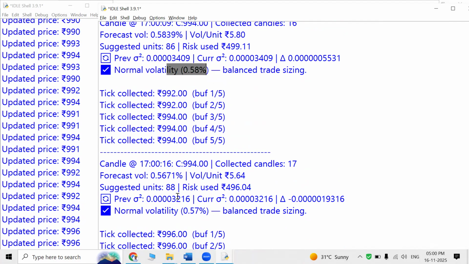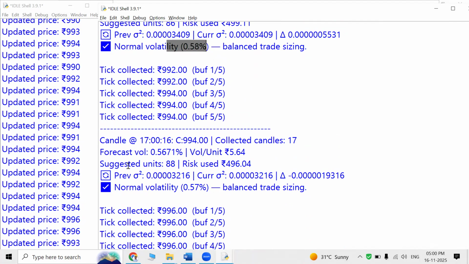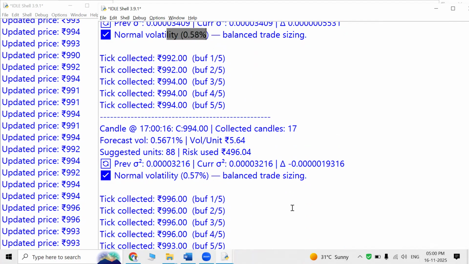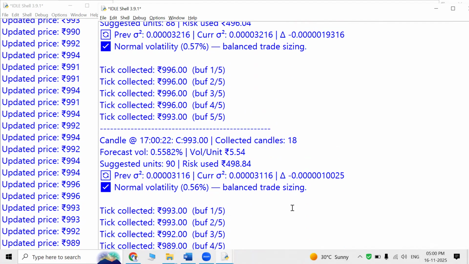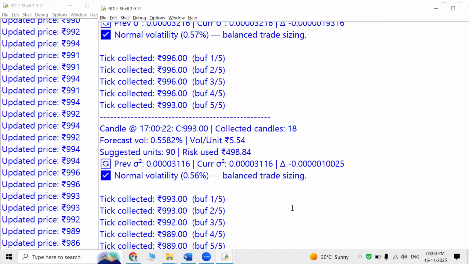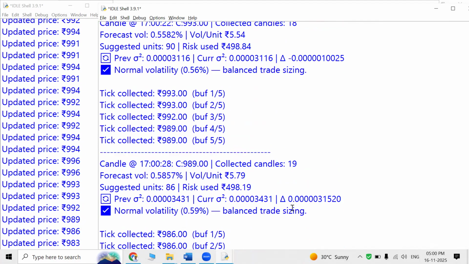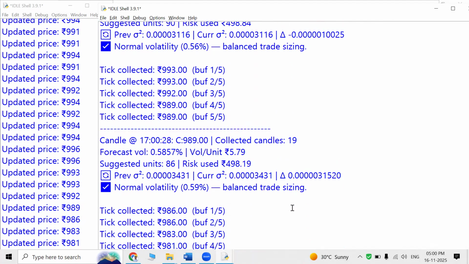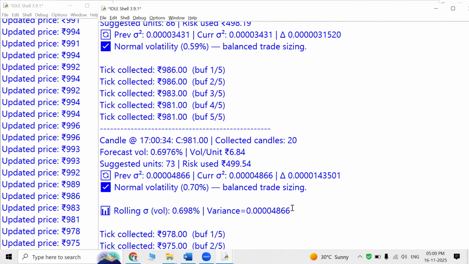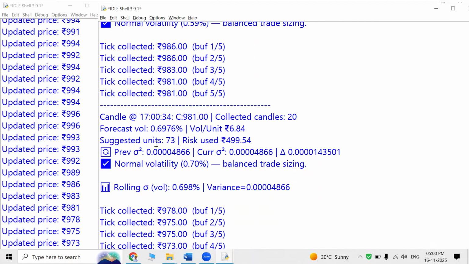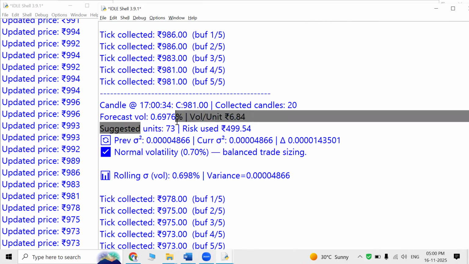So if the volatility decreases, the number of suggested units automatically increases. If the volatility decreases, the number of units increases. If the volatility increases, the number of units to be traded decreases. So if the volatility increases, the number of suggested units automatically decreases.